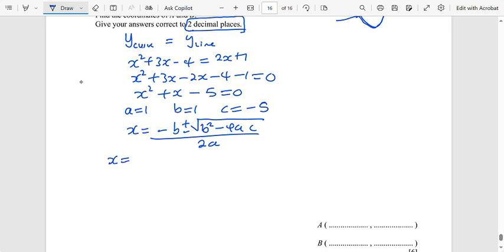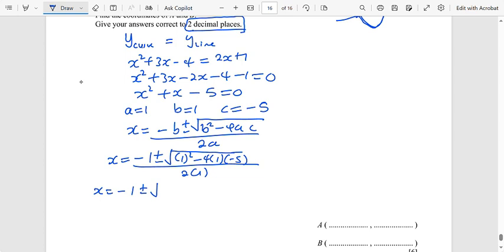So x is equal to minus b, which is minus 1, plus or minus the square root of 1 squared minus 4 times 1 times c, which is minus 5, all over 2 times 1. So x is equal to minus 1 plus or minus the square root of 1 squared, that's 1, minus 4 times minus 5, that's plus 20, all over 2.